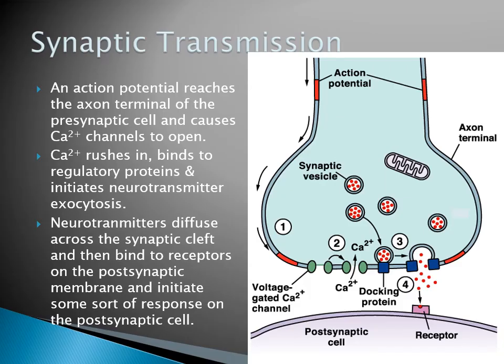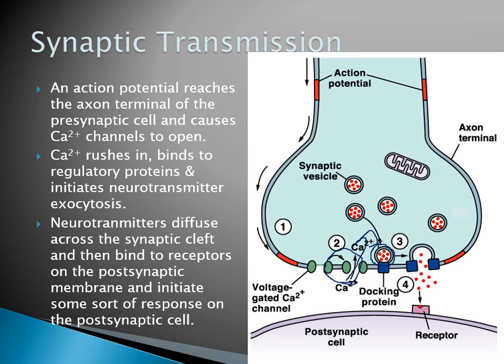So a little more information on how this synaptic transmission takes place. An action potential is going to reach the axon terminal of the presynaptic cell, the one that just went through the action potential. This is going to cause calcium channels to open. Again, we're looking at ions. That calcium then flows in, and it's going to bind to proteins that are found on the membrane of the vesicle.